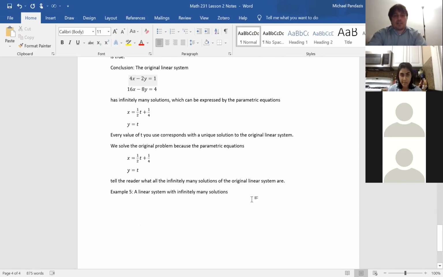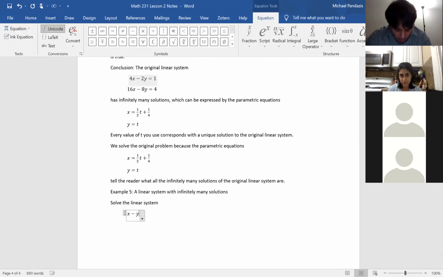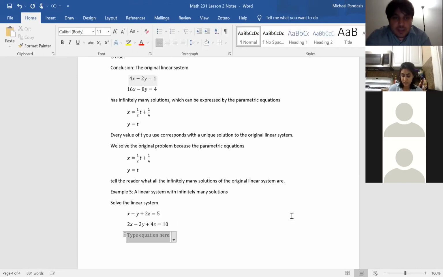Okay, so example 5 is a linear system with infinitely many solutions. Solve the linear system. So x minus y plus 2z is equal to 5. 2x minus 2y plus 4z is equal to 10.